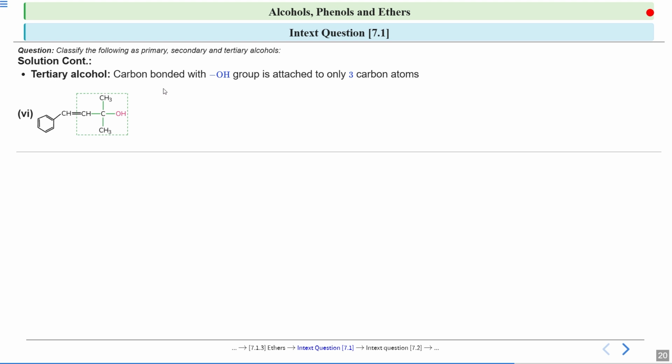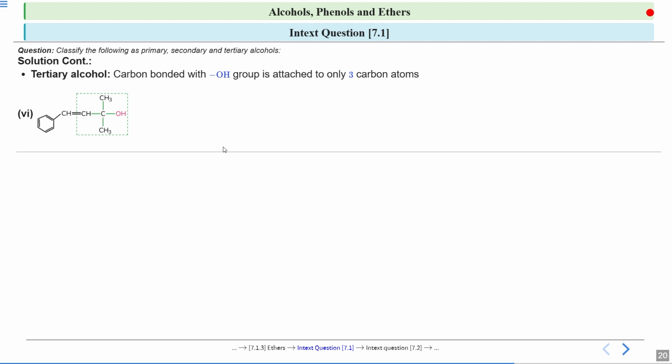The OH group, the hydroxyl group, is attached to this carbon. This carbon is attached to three other carbons, right? These two methyl group carbons, and one sp2 hybridized double bonded carbon. So this is also a tertiary alcohol. The sixth structure is the only tertiary alcohol.